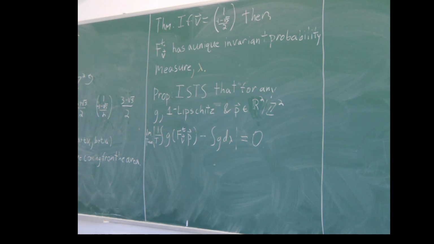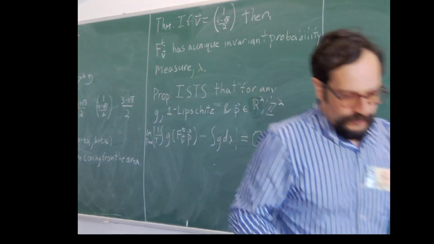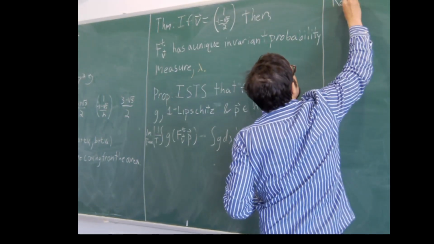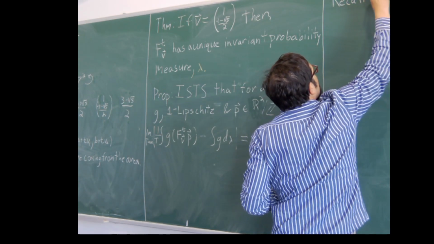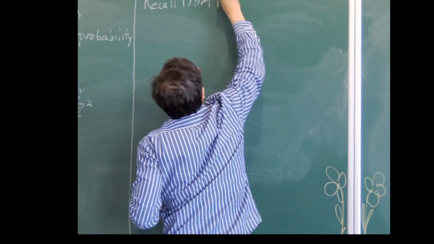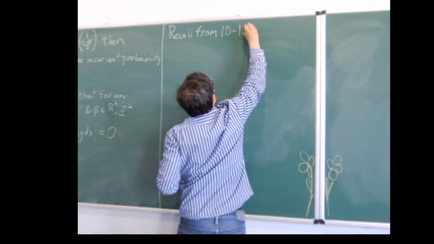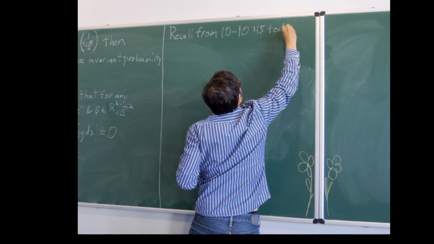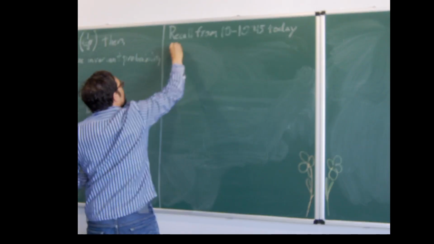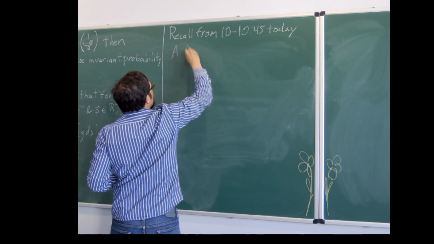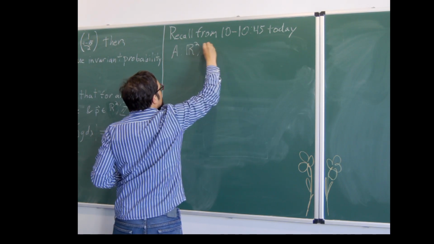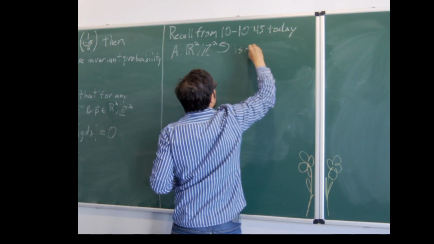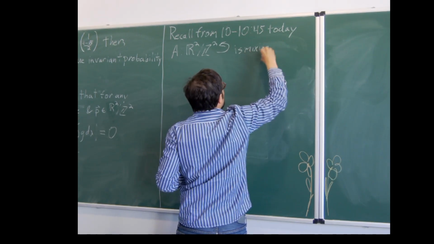All right, so this proof uses the mixing. So recall from last lecture that A, the map from R squared mod Z squared to itself, is mixing with respect to lambda.